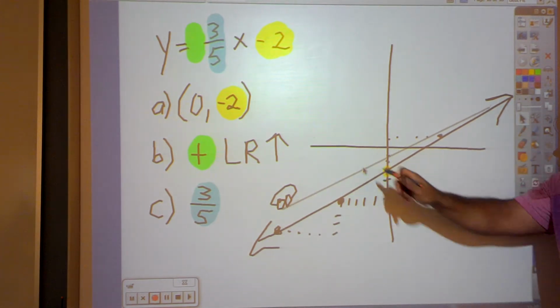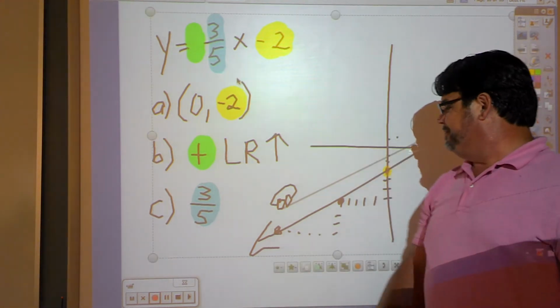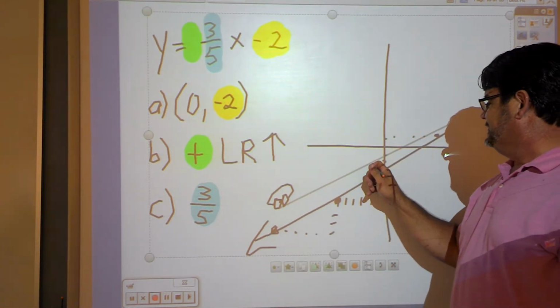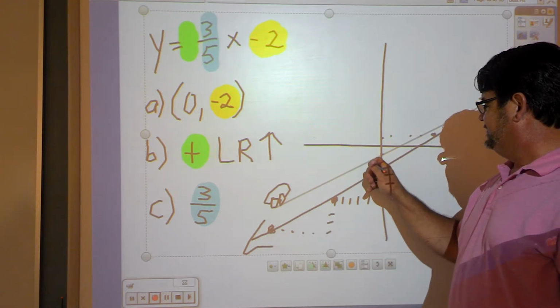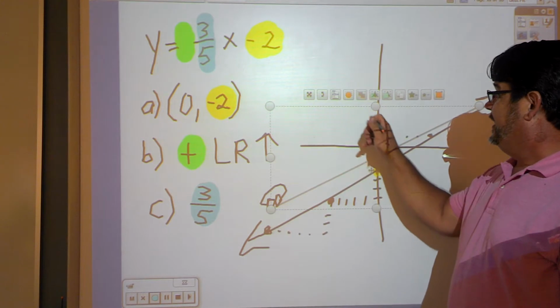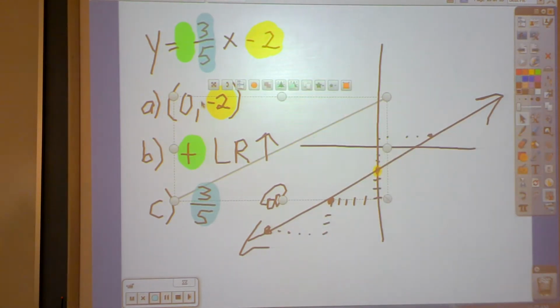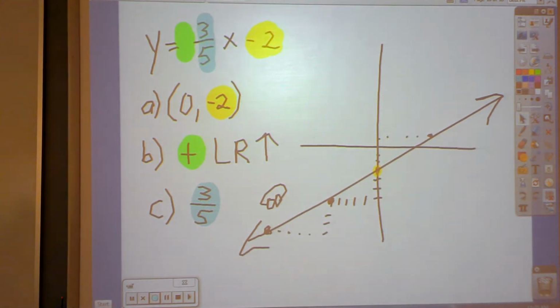Take that line out. I'm trying to do something with it. There. I can't hit delete right now. Go ahead and hit delete. And that's how you draw the three types of graphs.